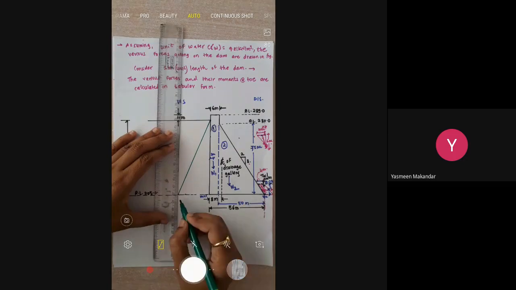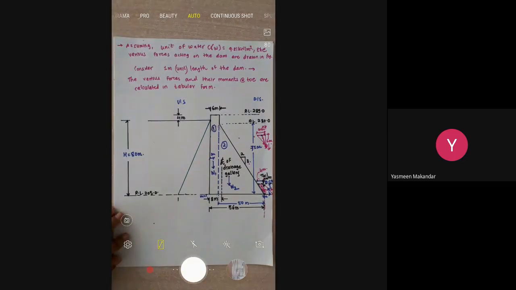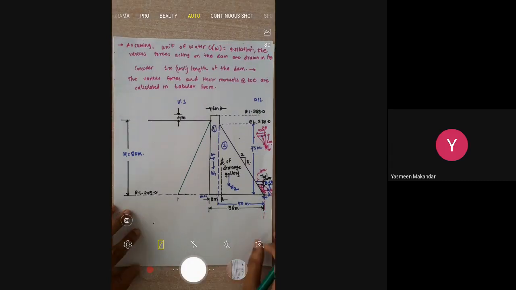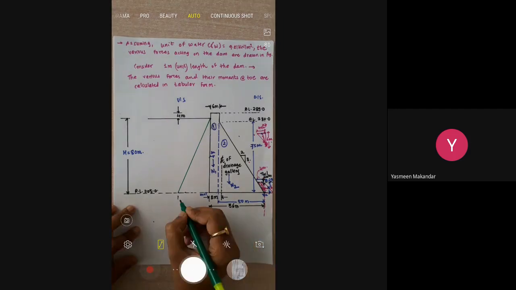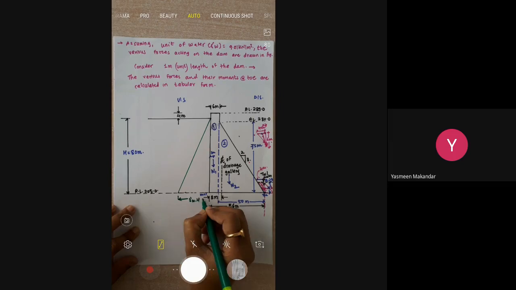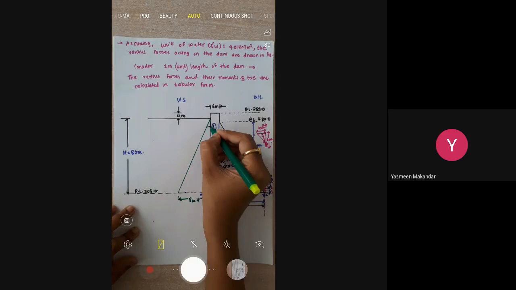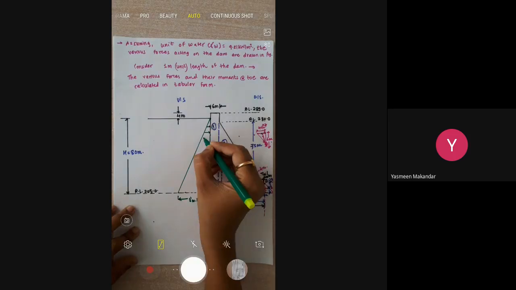As I am not teaching on the board, it would be slightly difficult for me to draw the figures freehand. Difficult in the sense it won't look very clear, therefore I am taking help of a scale. At the base, pressure intensity will be gamma W into H up to this, and this force is acting in horizontal direction.